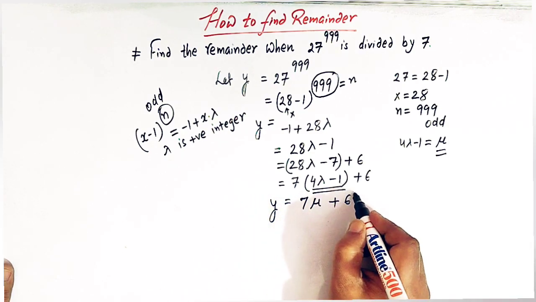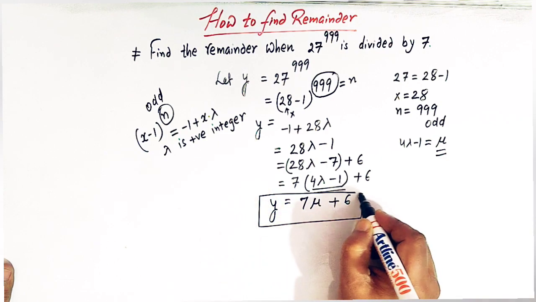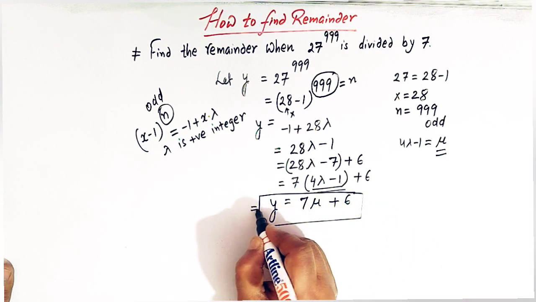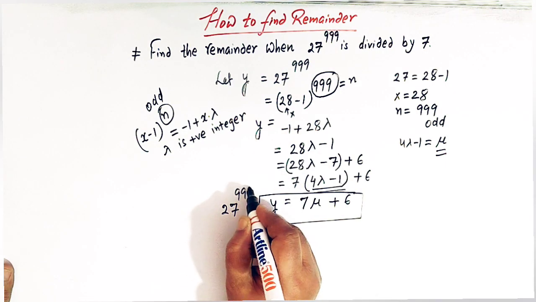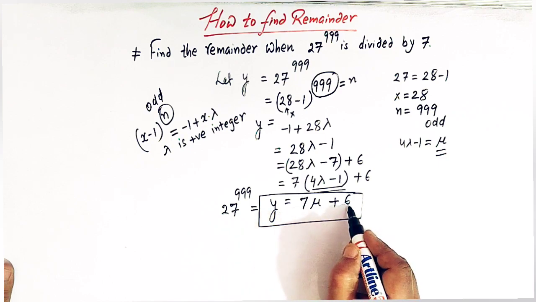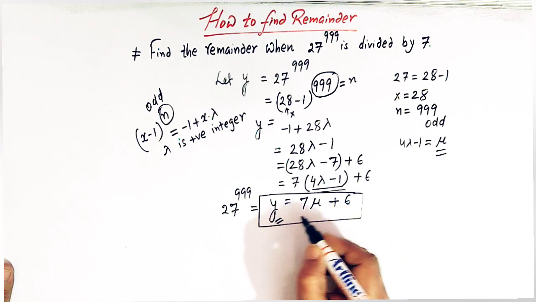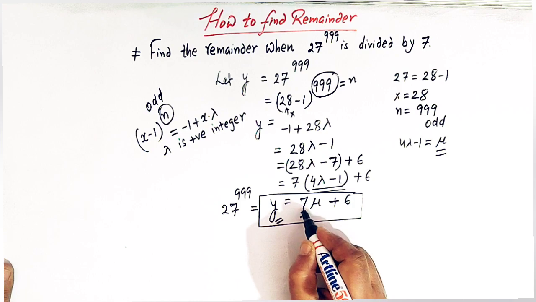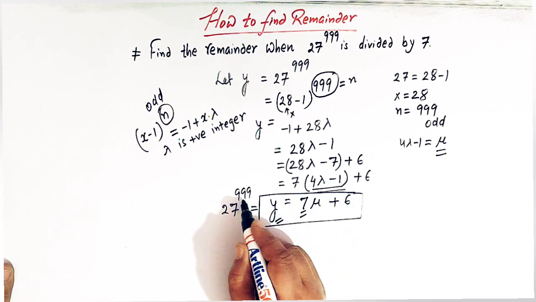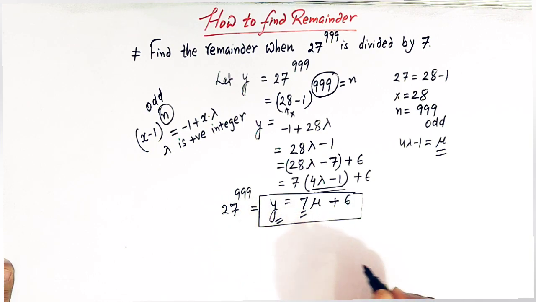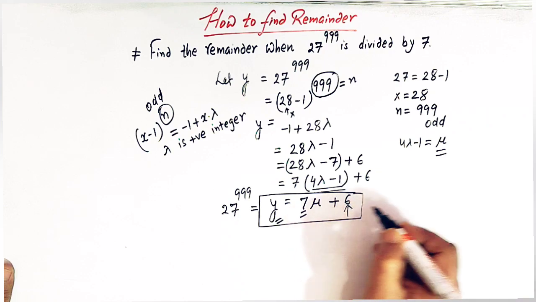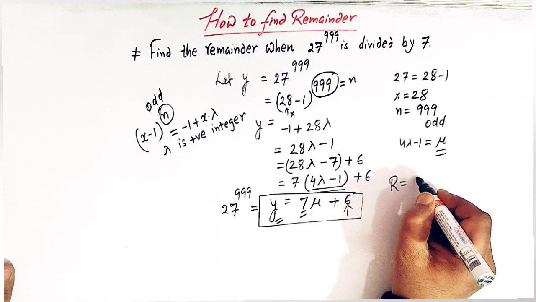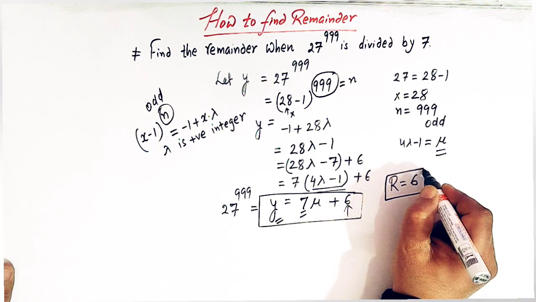So y is now equal to 7 mu plus 6, and y is 27 raised to 999. Now from this expression we can see that when y is divided by 7, that is 27 raised to 999 is divided by 7, the remainder is 6. So this term gives us the remainder. So the remainder is equal to 6.